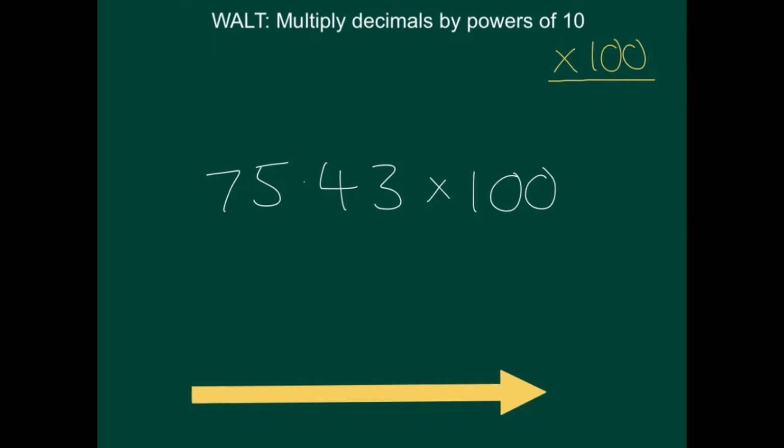So we don't have one zero, we've got two zeros, and that means that we are going to move our decimal place not one but two times. So it's not so bad, is it? I think you're getting the pattern now. So if we move it two places to the right, we're going to get the number 7,543, and let's just put that decimal point in just to show where we moved it to.